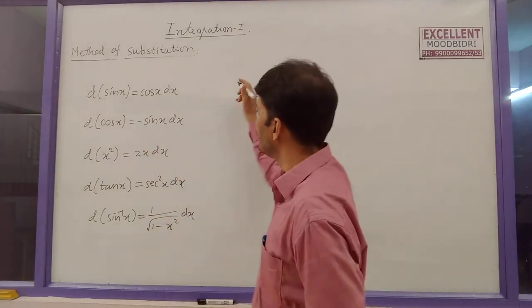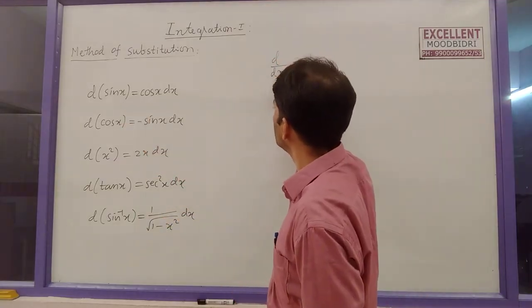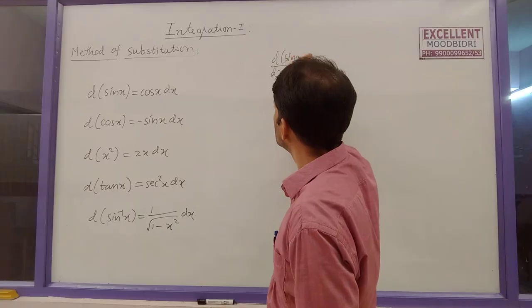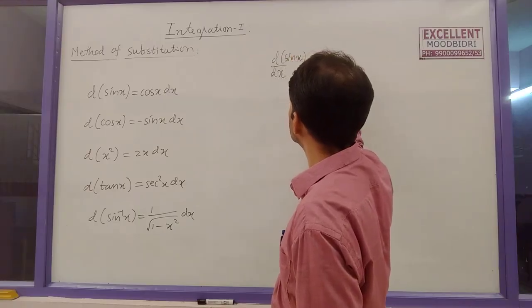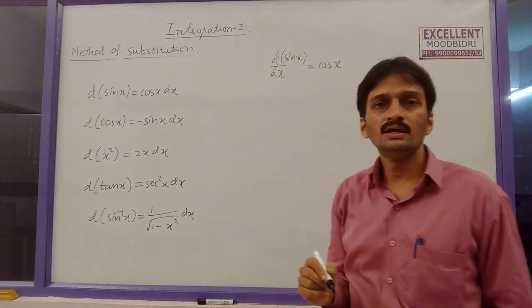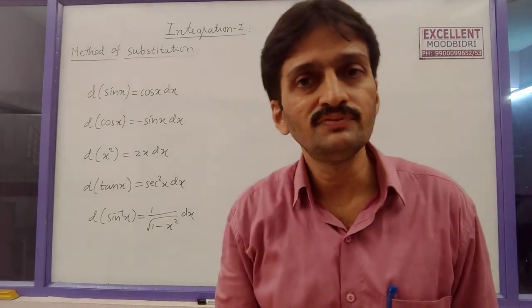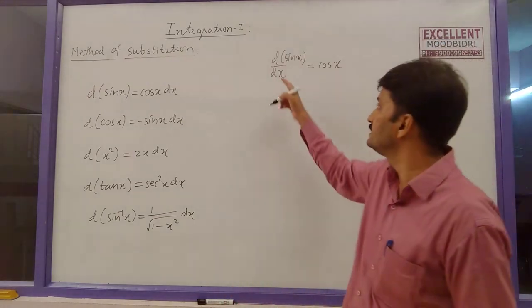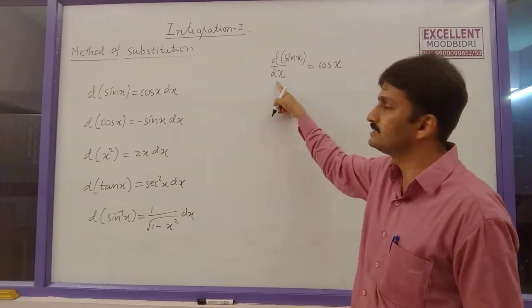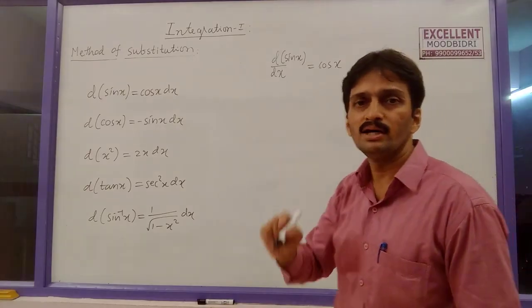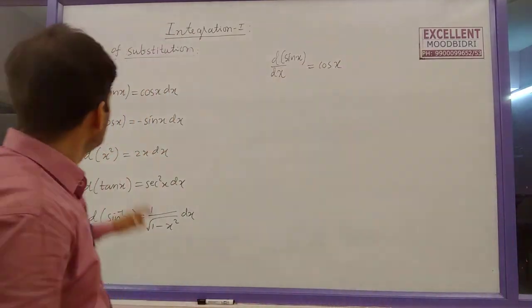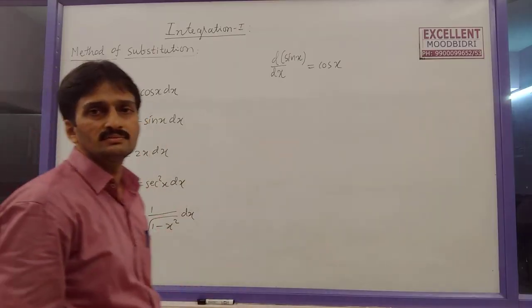Now d by dx of sin x, what is it? The derivative of sin x is cos x. Now in the language of differentials, we agree to cross multiply, that is d of sin x equals cos x into dx. So remember by heart, d of sin x is cos x dx.